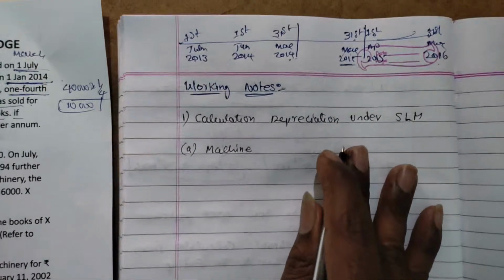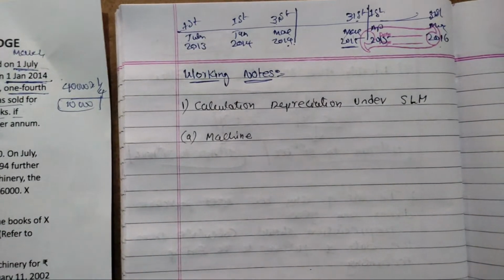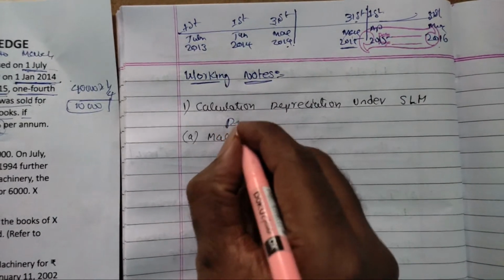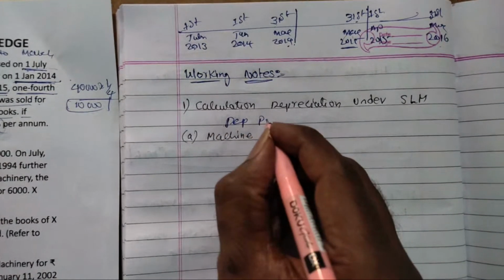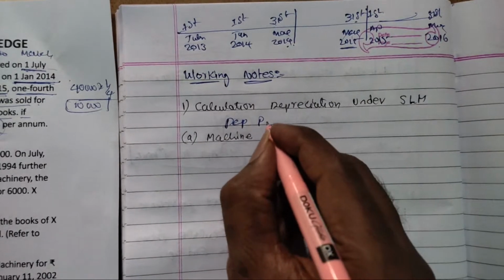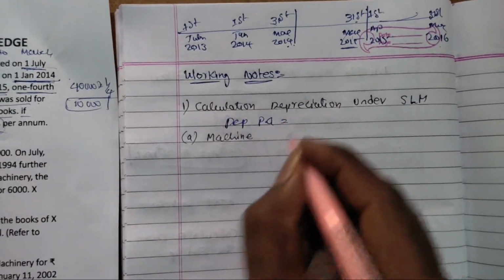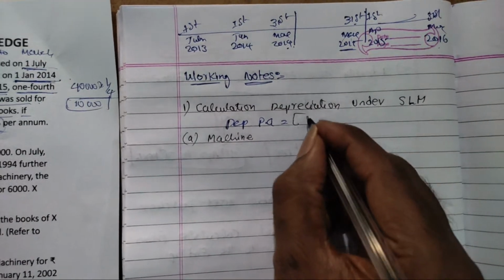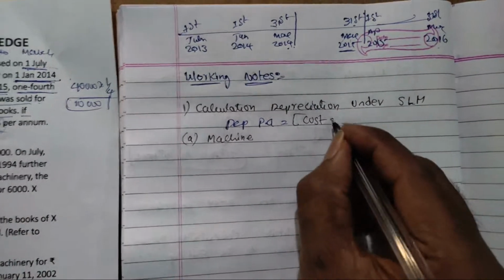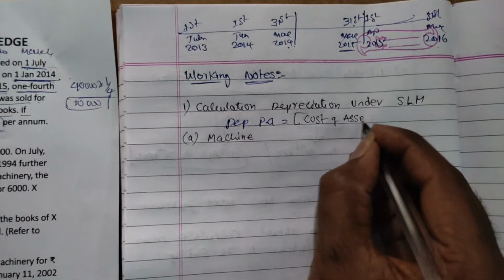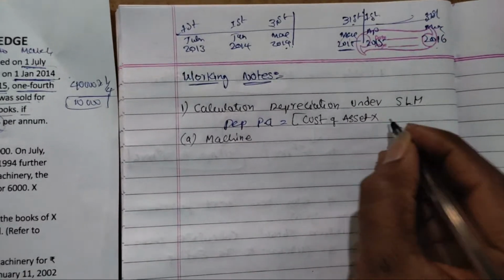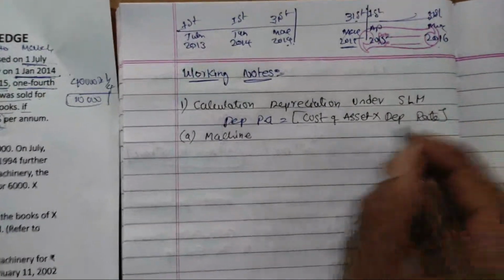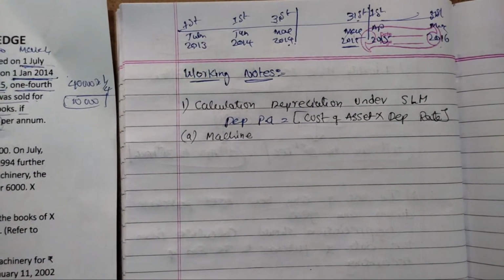The depreciation formula which we use is: depreciation per annum equals cost of asset into depreciation rate. Since the rate is given, this formula we are going to apply.